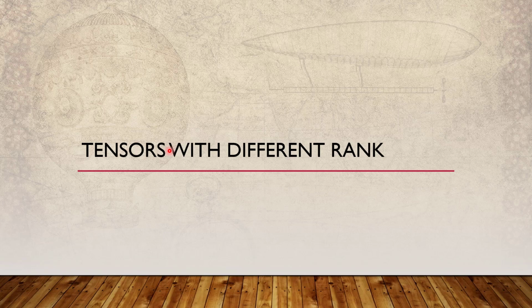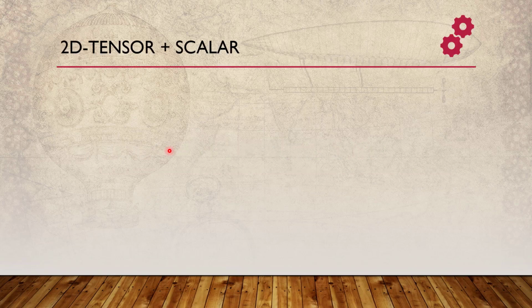First, let's talk about tensors with different rank. This is actually a very easy scenario to work with. Let's say we have a matrix x, a 2D tensor, and we want to add a scalar, so that we cover all the scenarios.